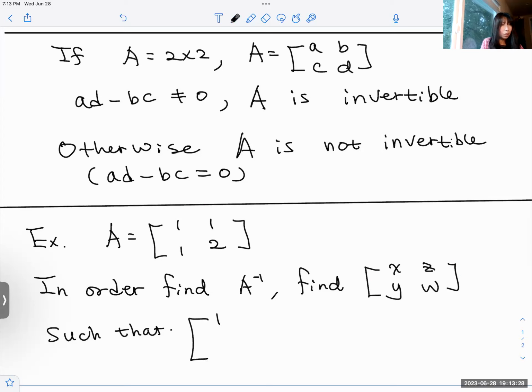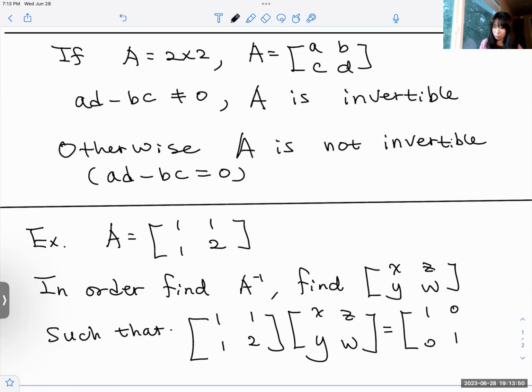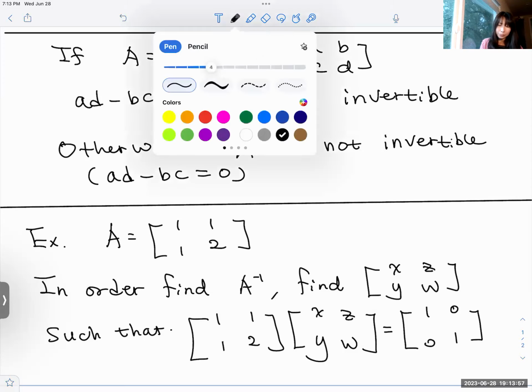So [1, 1; 1, 2] times [X, Y; Z, W] equals, since it is 2 by 2, a 2 by 2 identity, which is [1, 0; 0, 1], right? Okay, let's check whether A is invertible or not.